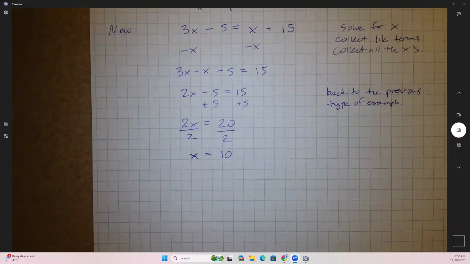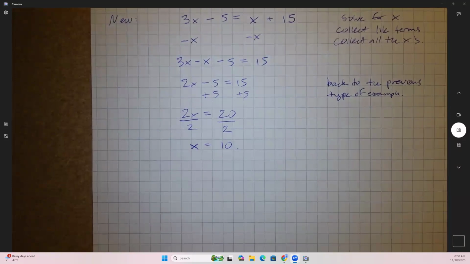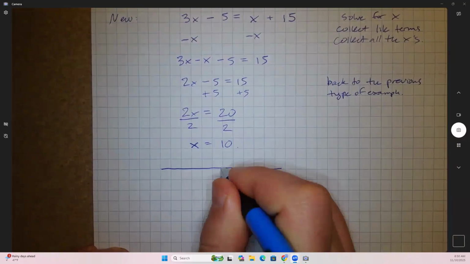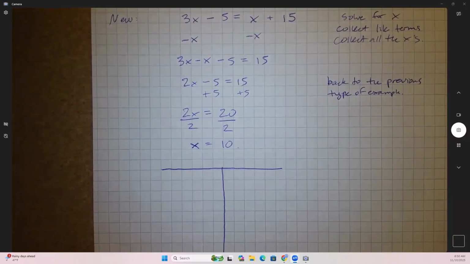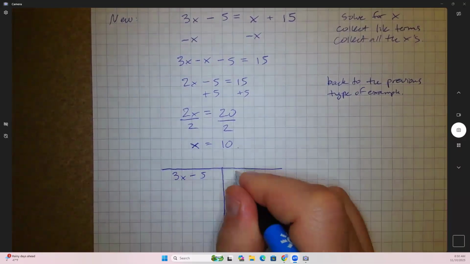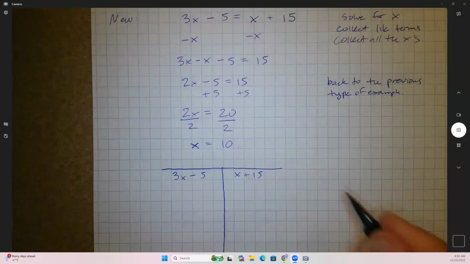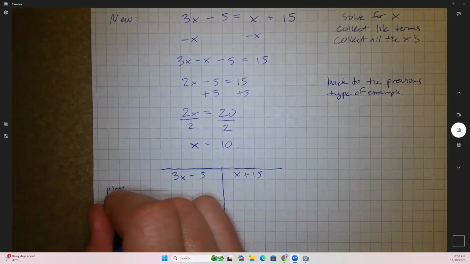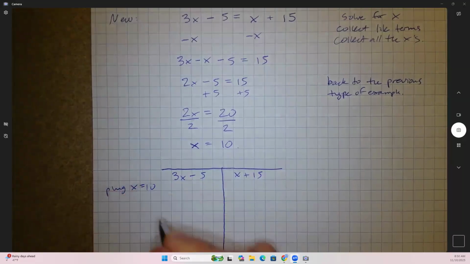I can check my work. One nice way to check your work is to use kind of a side-by-side comparison. It's not really a table, but I simply put one side of my equation on one side and the other on the other. And then I plug in my value that I found for x.